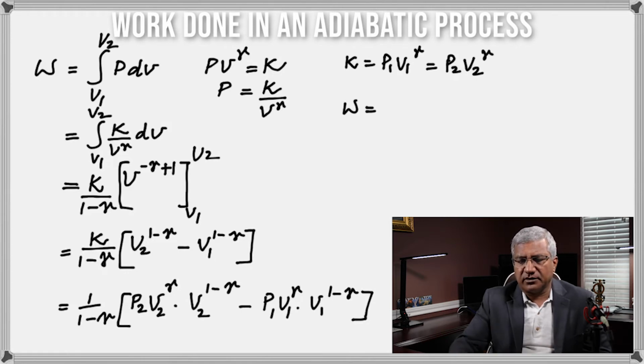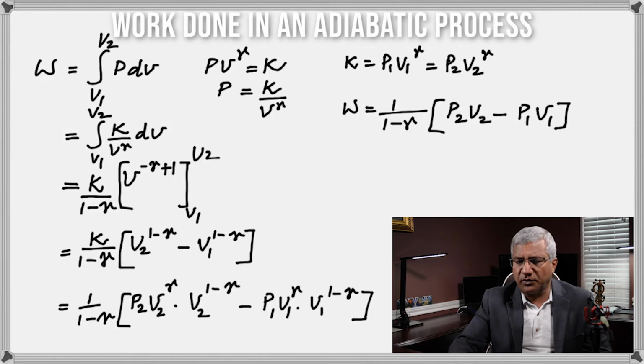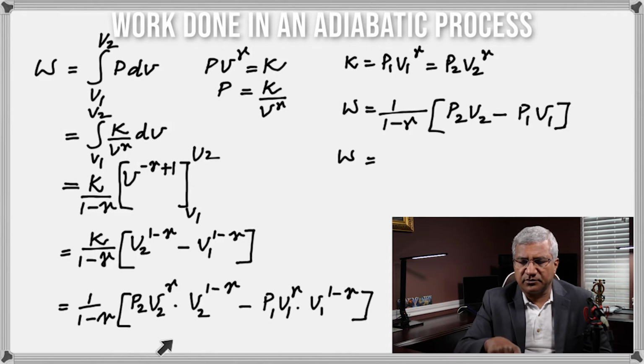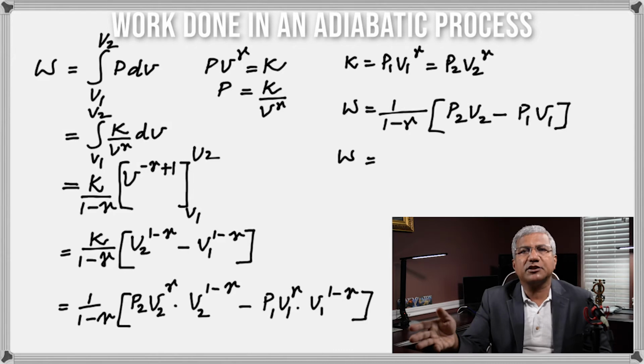All right? And therefore we will get 1 by 1 minus gamma, P2 V2 minus P1 V1. That's all we will get. You have P2 times V2 raised to 1, which is P2 V2, similarly minus P1 V1.